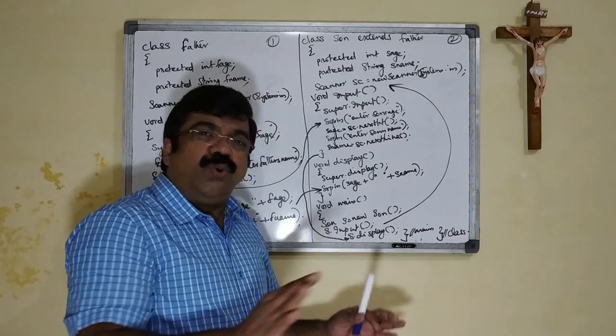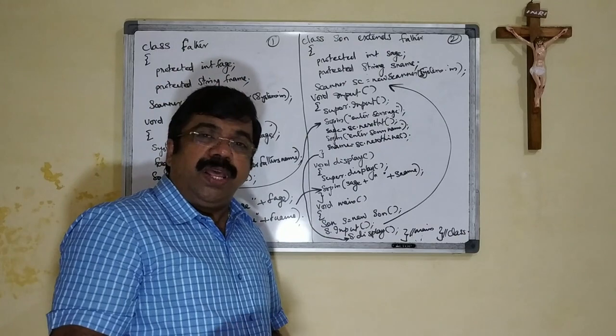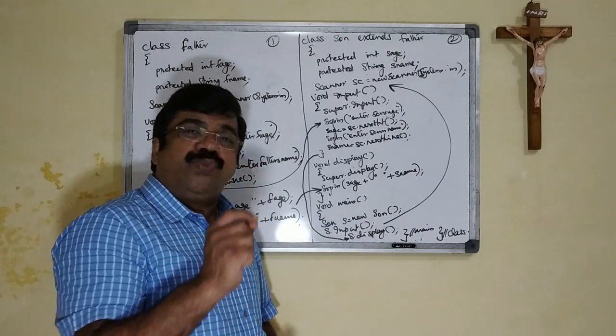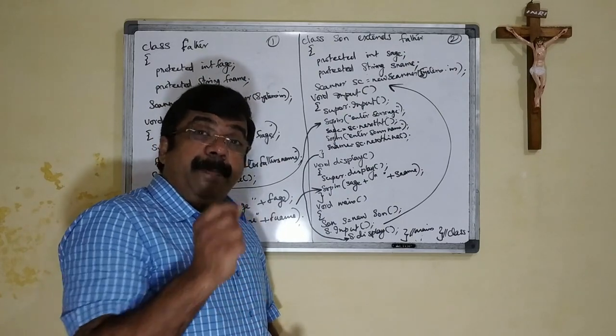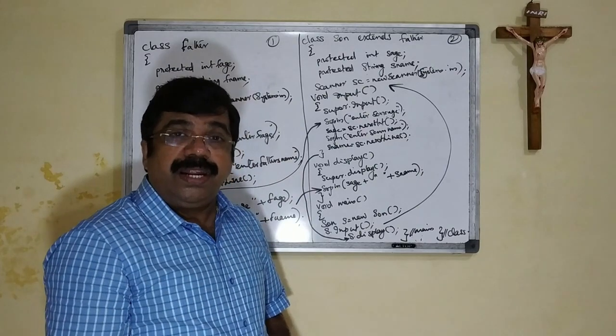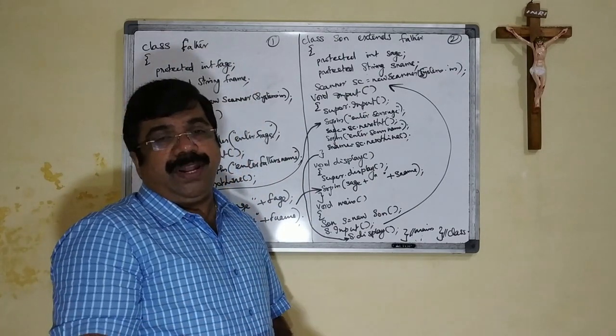Okay, so this is only a demo program which shows the relationship between the father and the son. We were seeing in the previous classes that the characteristics as well as the behavior of a parent class, the base class, can be derived to a subclass or the derived class.